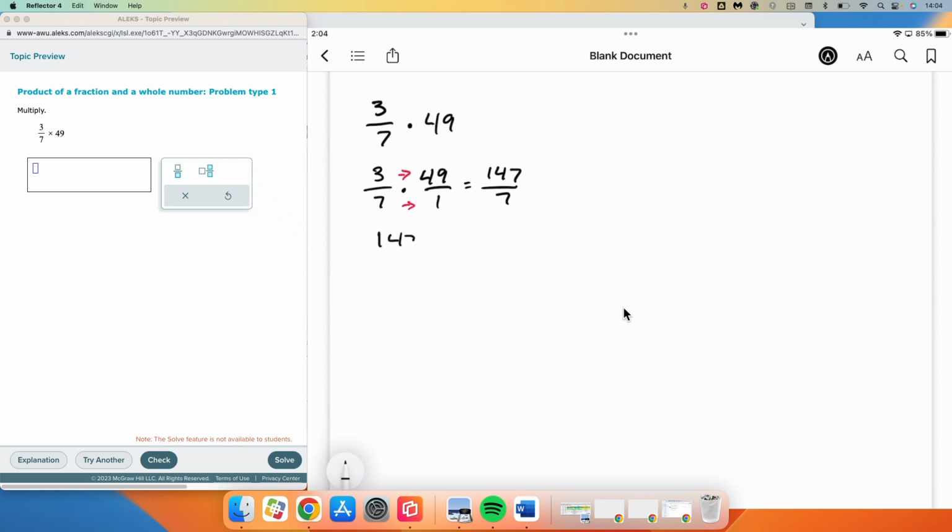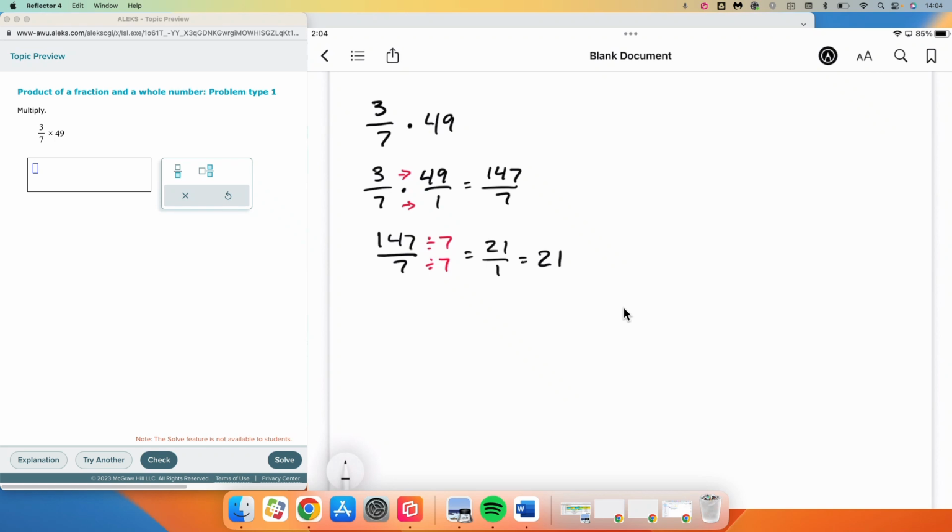So 147 over 7, both of those are divisible by 7. And so what we get is 21 over 1, which is equivalent to 21.